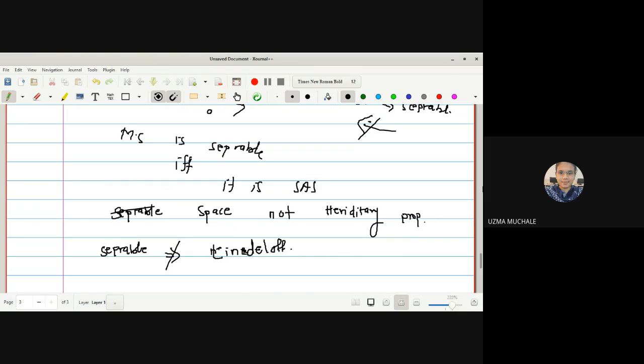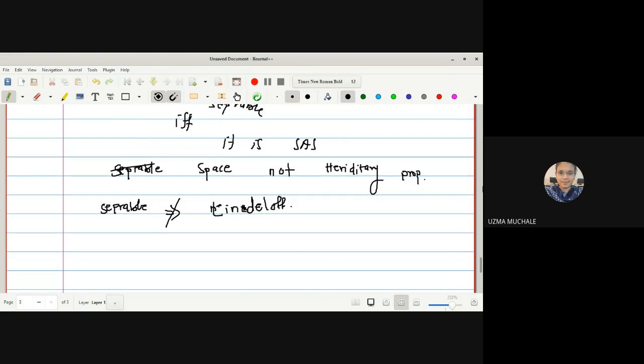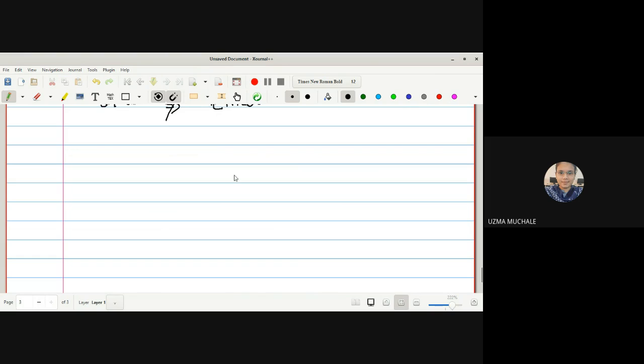Now here you can see that separable space is not hereditary, but it is open hereditary. It is not closed hereditary, and not hereditary either. So what can we say about the separable space? Open subspace, that means you have to take an open subset of your separable space.